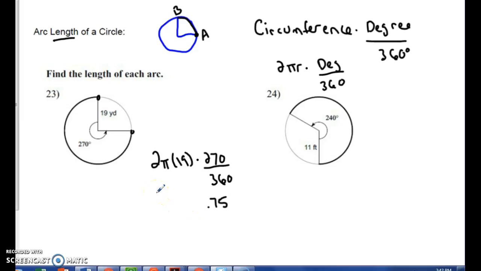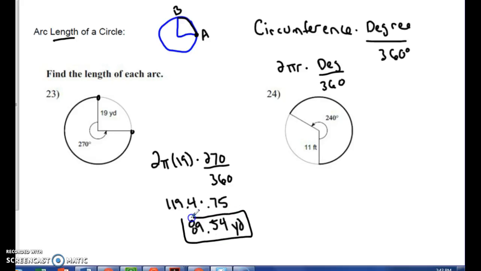So I'm going to take 2 pi times 19, and I get that to be 119.4 yards. And I'm going to multiply those two together. And what I get is 89.54 yards is the distance that I traveled.